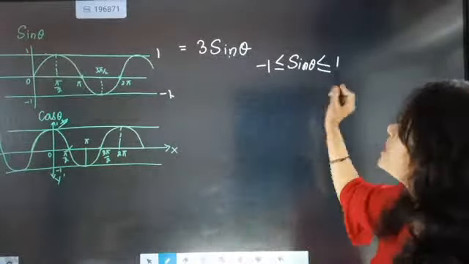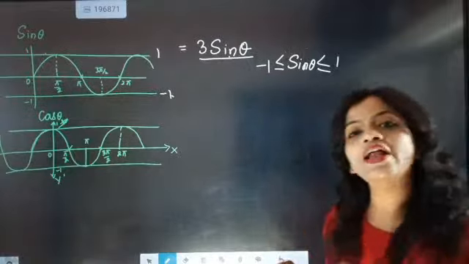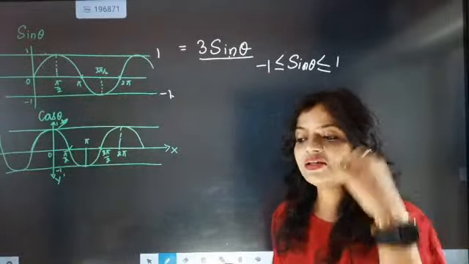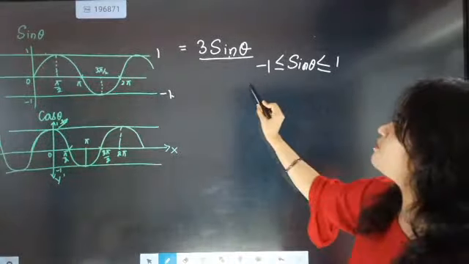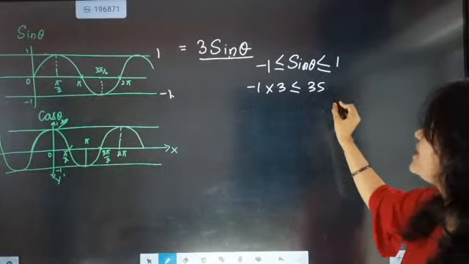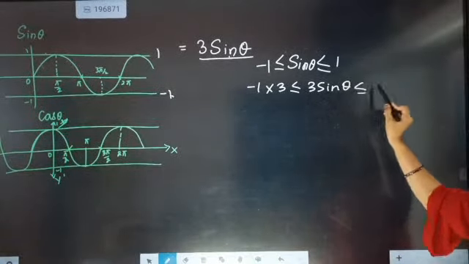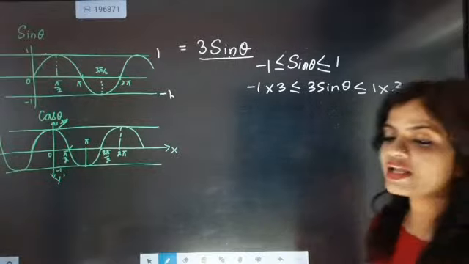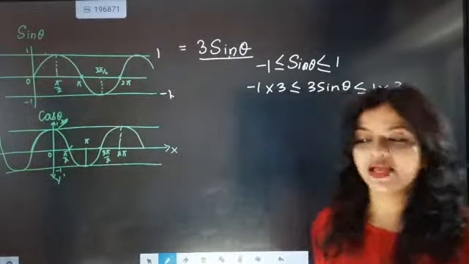Now, if somebody tells you to find the value of 3 sine theta, then in the interval you just have to multiply by 3. So -1 into 3, here 3 sine theta, and here 1 into 3. Exactly what I have done, I just multiplied.